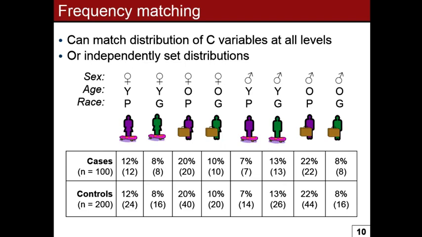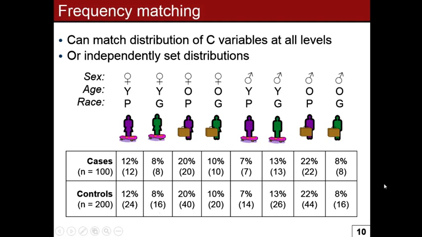that example where I talked about registries and matching using historical data to controls, you see something more like this, which is frequency matching, where you're not finding a specific control for a specific case per se. You're saying that the distribution in the control group overall matches on these confounding factors, sex, age, and race.